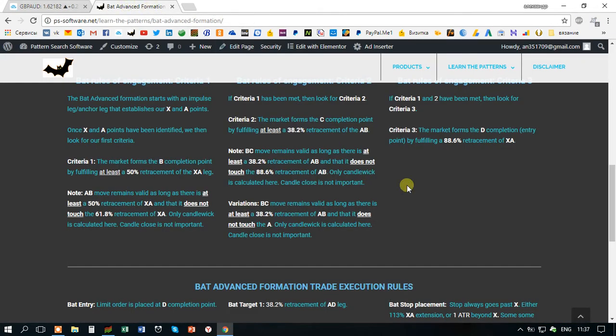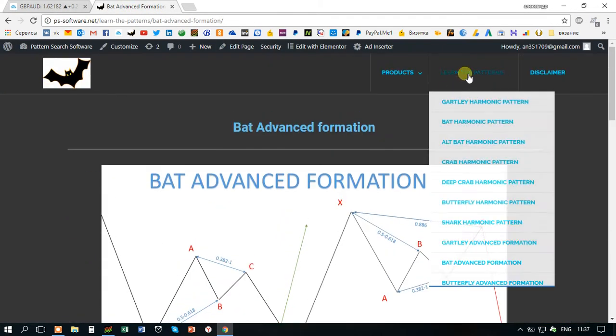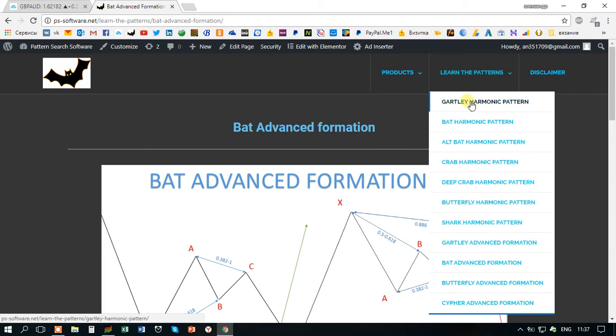You can find all the patterns, all the explanations on my website, both of them: Gartley harmonic, Bat harmonic, Alternative Bat harmonic, Crab harmonic, Deep Crab harmonic, Butterfly harmonic, Shark harmonic, and Butterfly advanced, Bat advanced, Gartley advanced, and Cipher advanced patterns.